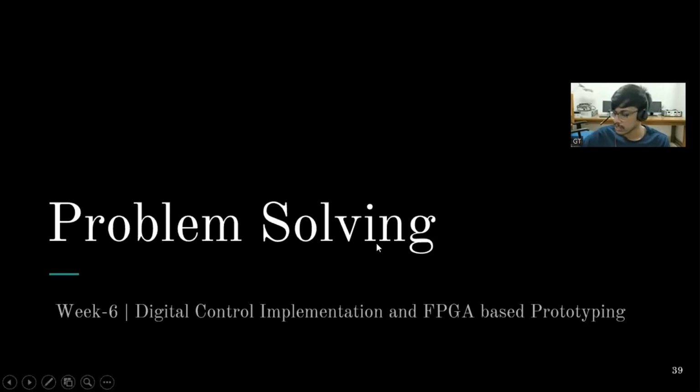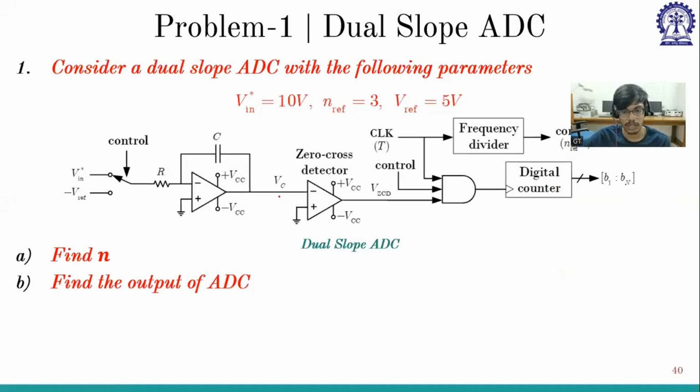One is based on the dual slope ADC. As you know, in dual slope ADC, first we integrate V in by RC slope for N reference time, and then the height will be equal to V reference by RC with an unknown time N. So how much is N?